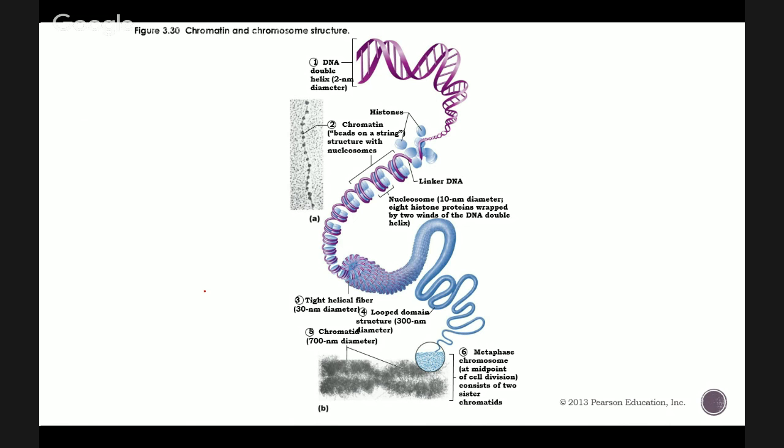But when the cell does get ready to replicate and we need to package the DNA and organize it, what we're going to see is that the DNA is going to wrap itself around bunches of protein molecules called histones. Just showing them as almost like little aspirin tablets.